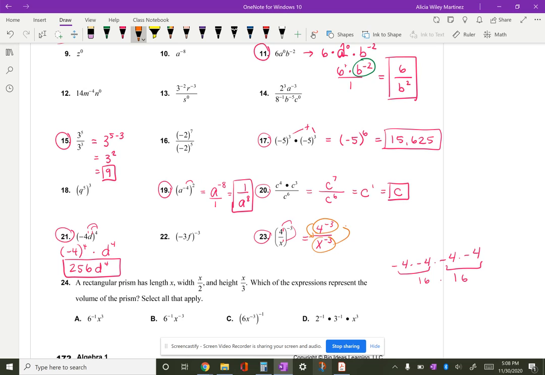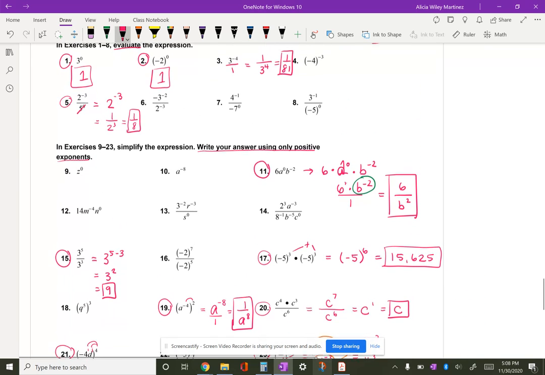This one's got to go up. And by changing that position, it's going to allow that to become positive exponents. So I get x to the 3rd all over 4 to the 3rd power. And 4 to the 3rd power is 4 times 4 times 4, which is 64. So that is your final answer there.